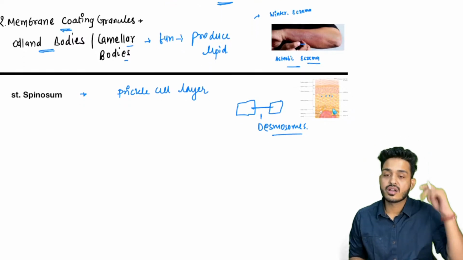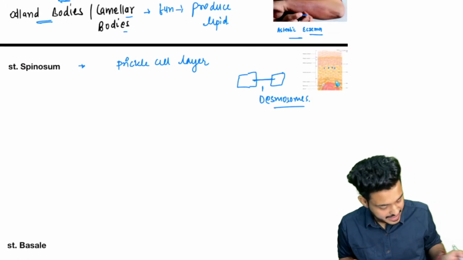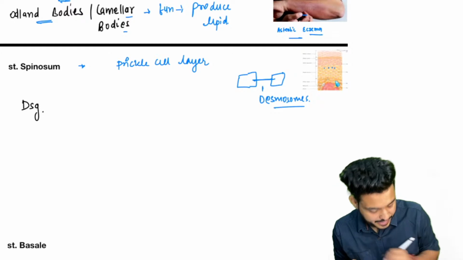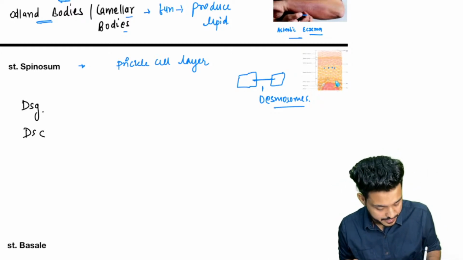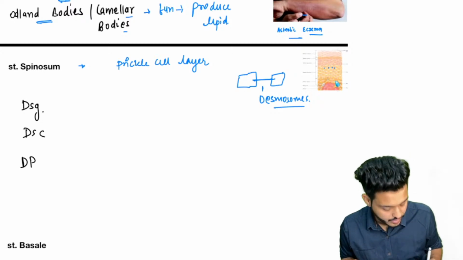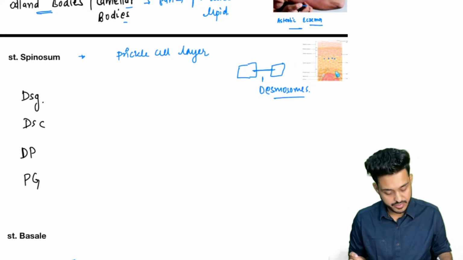Okay sir, what are the different kinds of desmosomes? What are the different kinds of desmosomes we are having, guys? First one is desmoglein. Then we are having desmocollin. Next we are having desmoplakin. We are also having plakoglobin. These are the names.